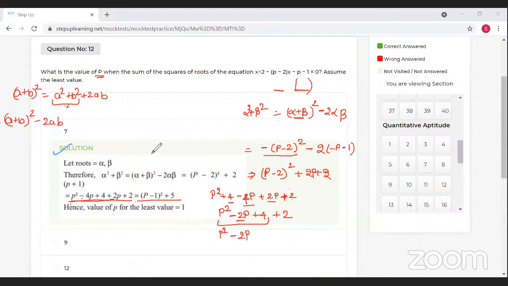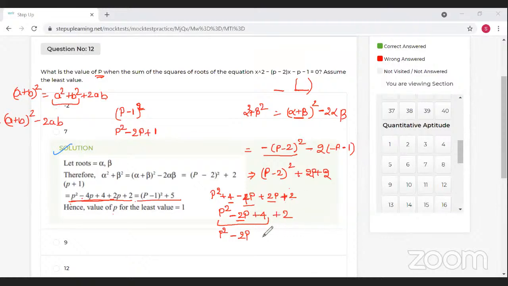If I have to create this formula, (p minus 1) whole square is what? P square minus 2p plus 1. Are you getting the point now?